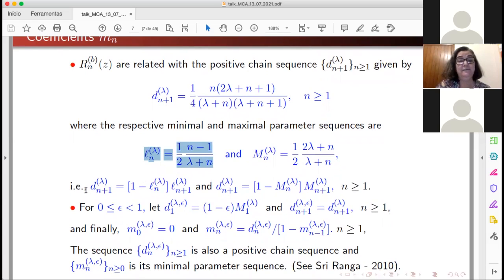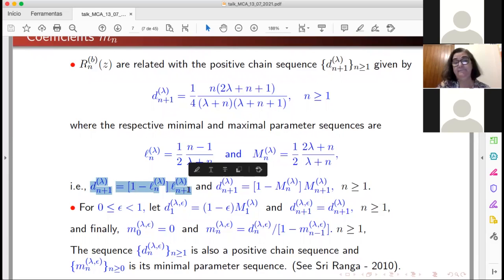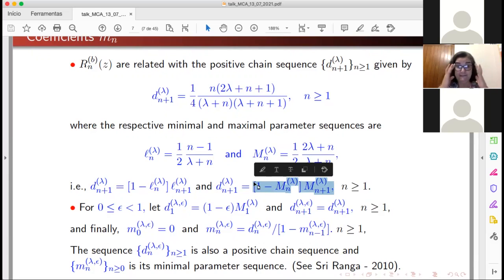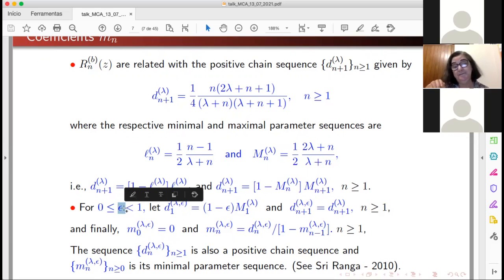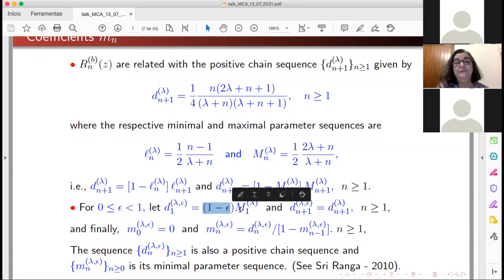Actually, it means that the chain sequence can be written in terms of this minimal parameter sequence in this way, and also can be written in terms of the maximal parameter sequence. In that paper in 2010, with the introduction of the modification with epsilon, Ranga defined another chain sequence that he denoted by d n lambda epsilon, where d1 is given in terms of epsilon and m1, and the other elements of this sequence are the same as given here.